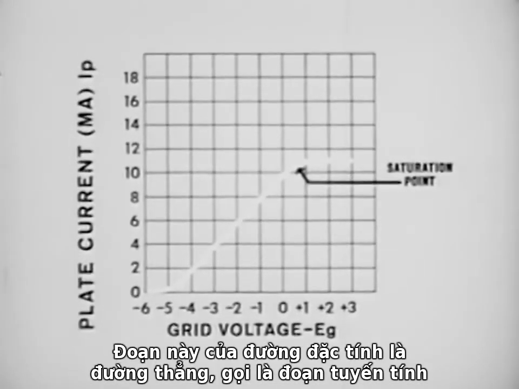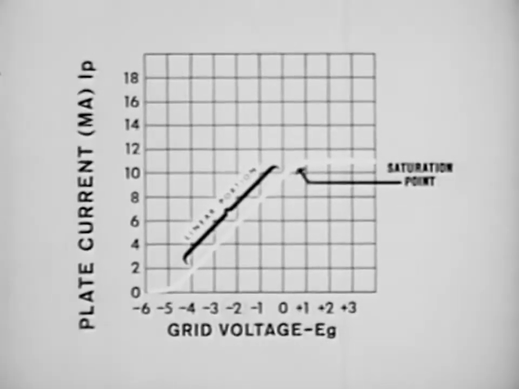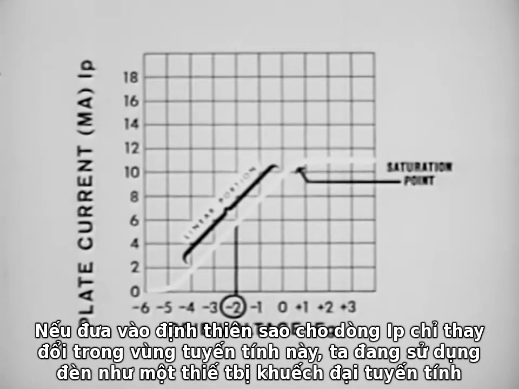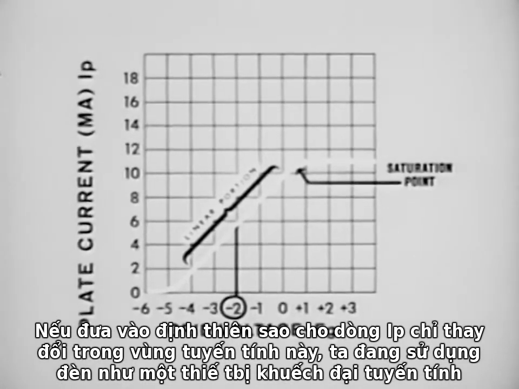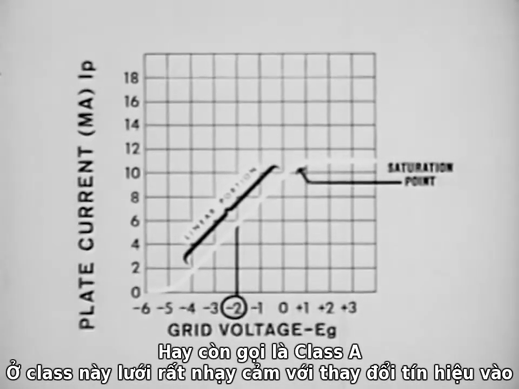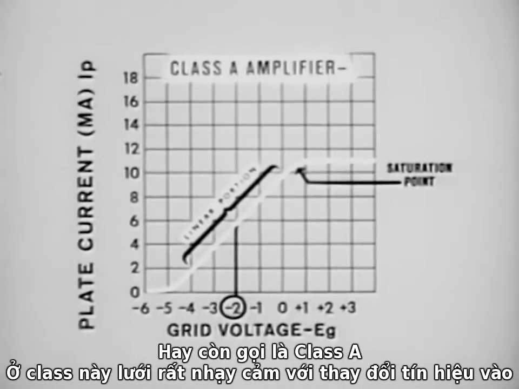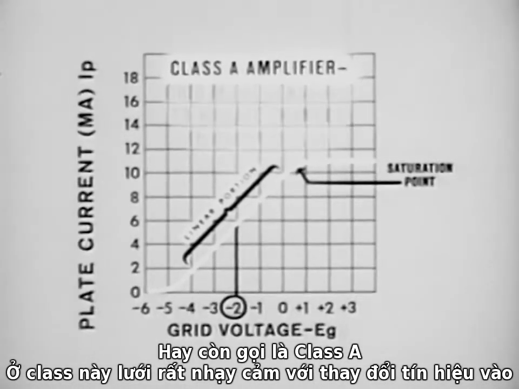That portion of the curve which is straight is called the linear portion. If we apply the amount of bias which allows current to flow only within the linear portion, we are operating the tube as a linear amplifier, or as it is called, a Class A amplifier.